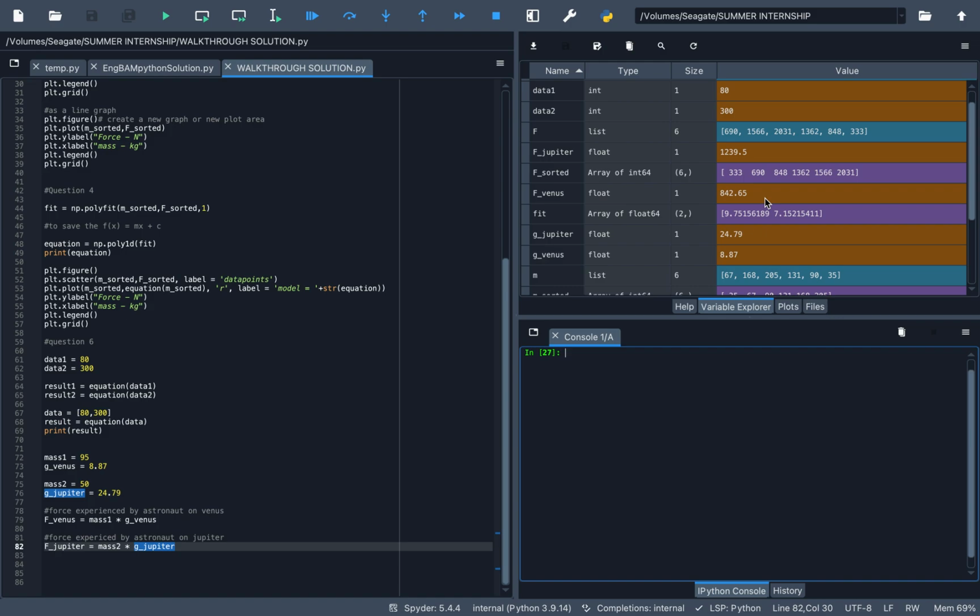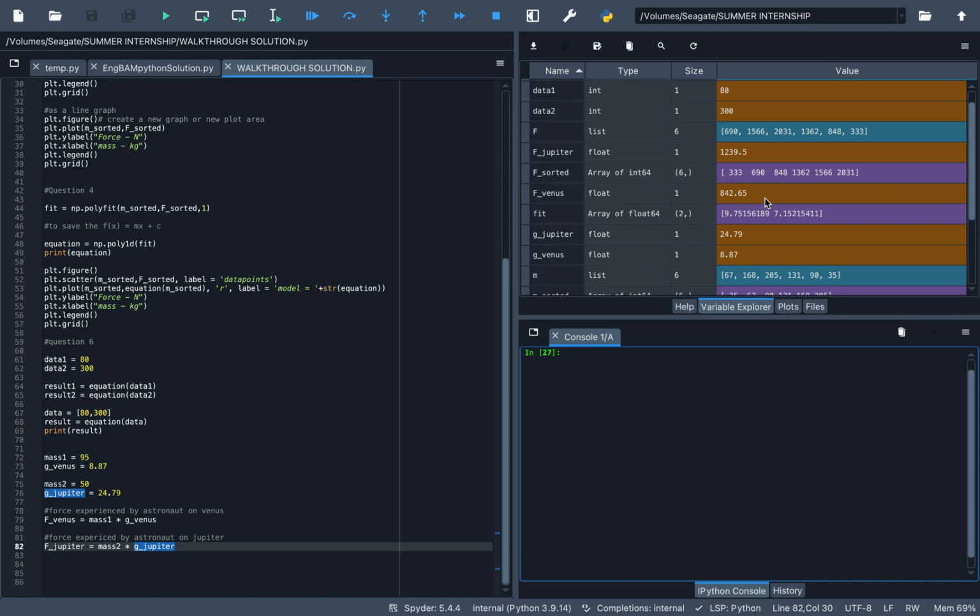So Jupiter, because it's bigger, pulls things faster towards itself compared to smaller planets, and that is why you could be a lighter person on a bigger planet, but experience a greater force of gravity than if you were a heavier person on a smaller planet.